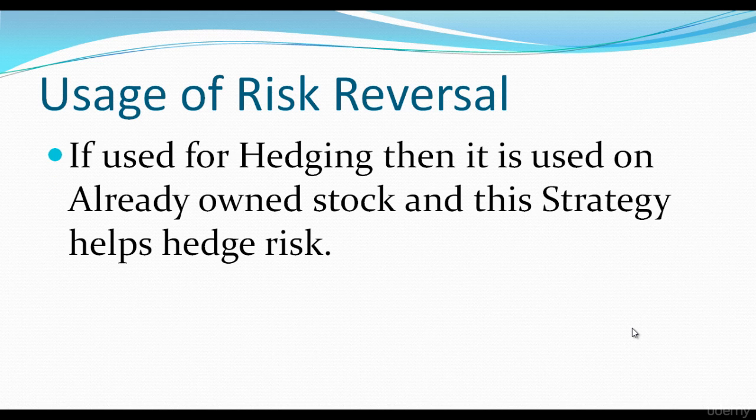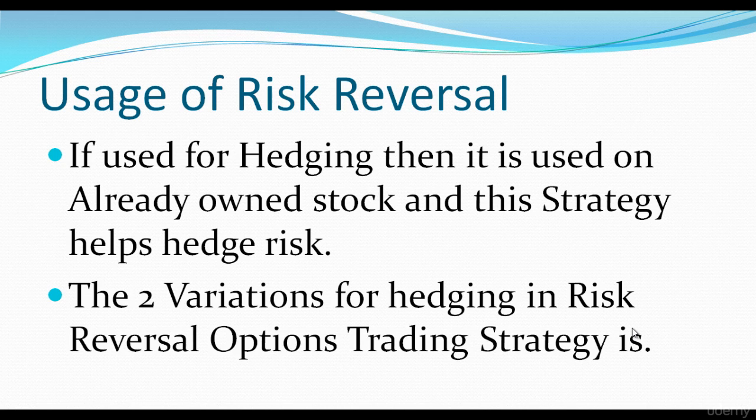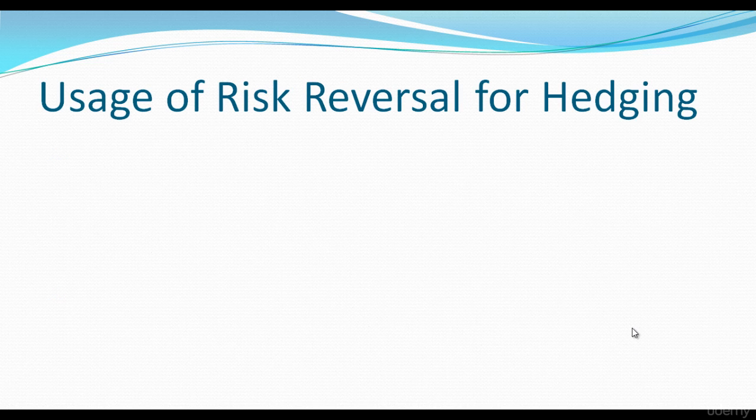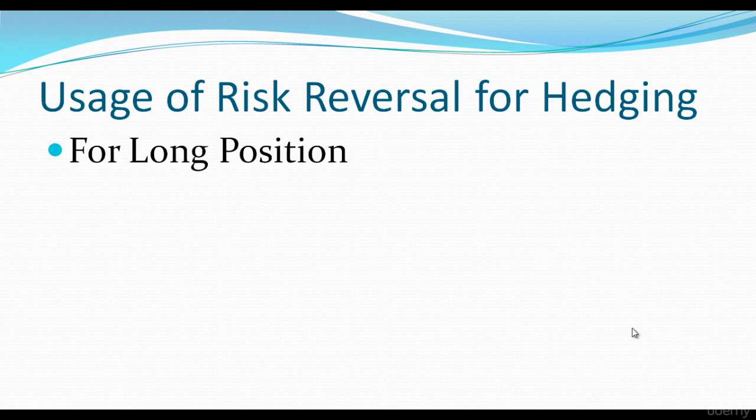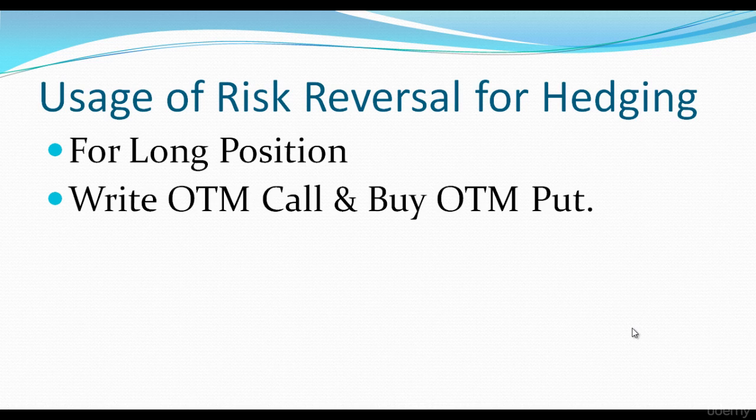If used for hedging, then it is used on already owned stock, and this strategy helps hedge risk. The two variations for hedging in the risk reversal option trading strategy are: for long position, you write an out of the money call and buy an out of the money put.